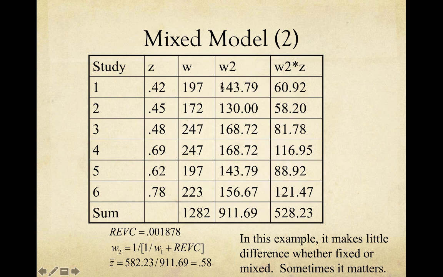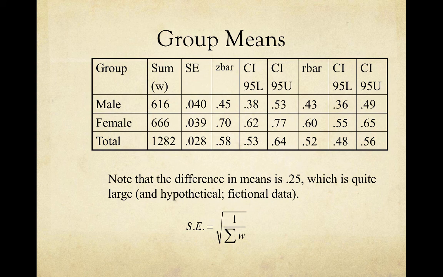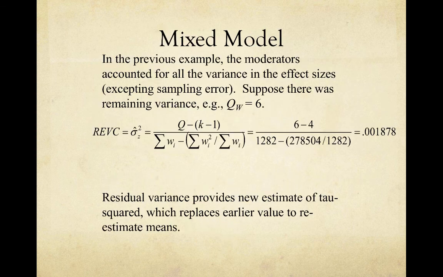Now it's 143, 172 to 130. So notice that these are smaller and they're more similar to each other. So the bigger the random effects variance gets, the smaller these weights become and the more they are similar to unit weights. So here we get a mean of 0.58, and so it really is not much different than what we had before.